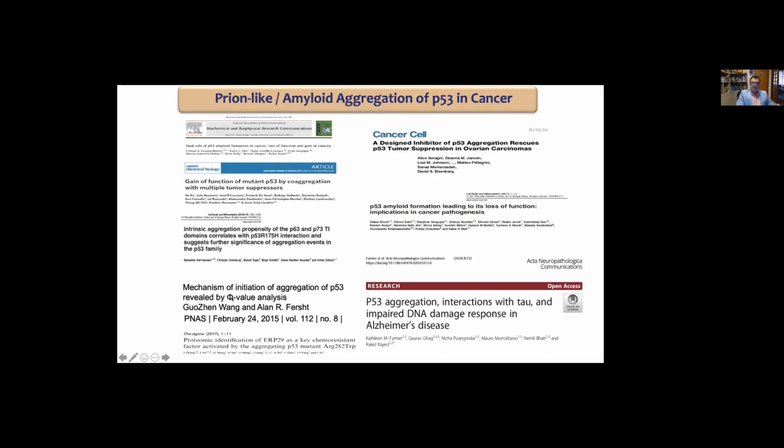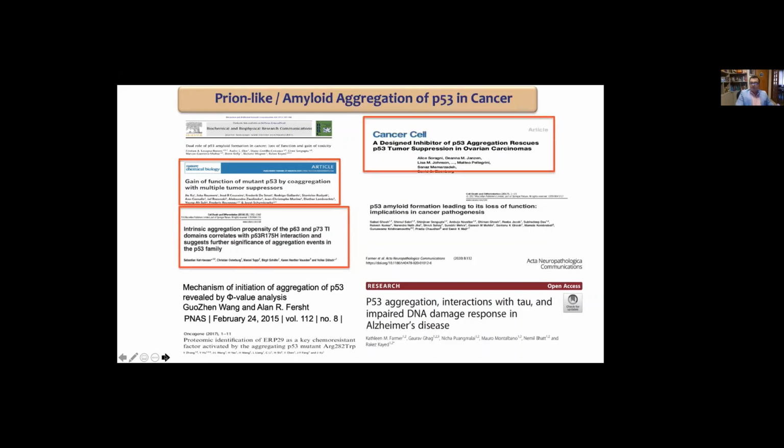And here, just to show a few studies from different groups, particularly showing that mutant p53 aggregates not only with wild-type p53 but also with p63 and p73, and then people started to look for ways to prevent that.